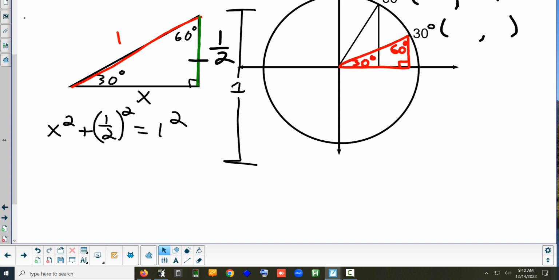Okay, what's 1/2 squared? 1/2 times 1/2. Yeah. 1/4. So x squared plus a quarter equals 1.